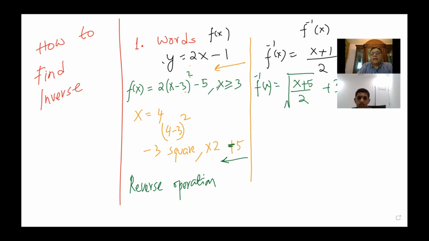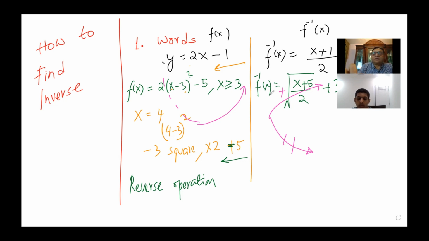Since we are given that x is greater than or equal to 3, that means we're looking at this part of the parabola, which is the right side, whose inverse will correspond to that part. So we have to use the plus sign here, since we have used the plus. This is one way of checking.